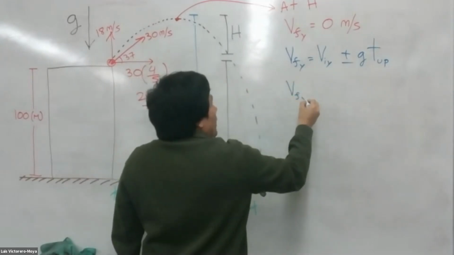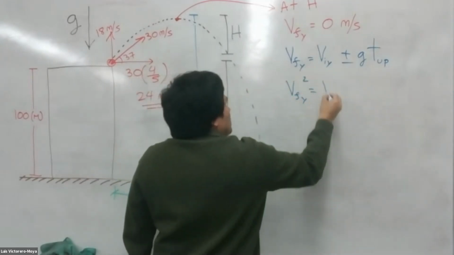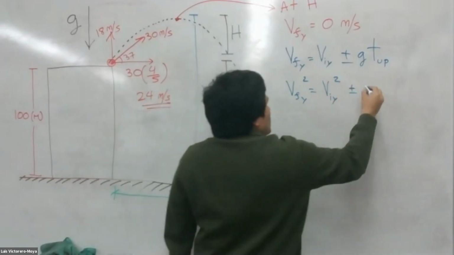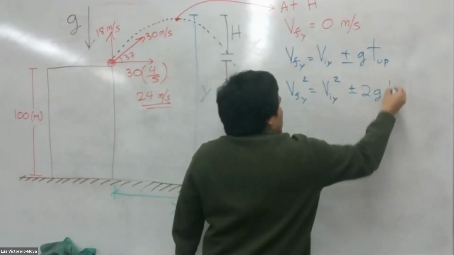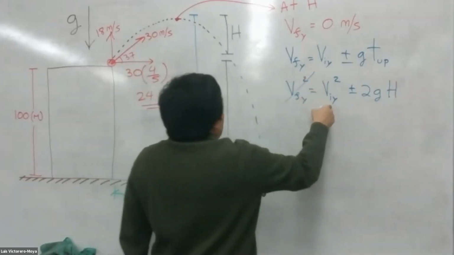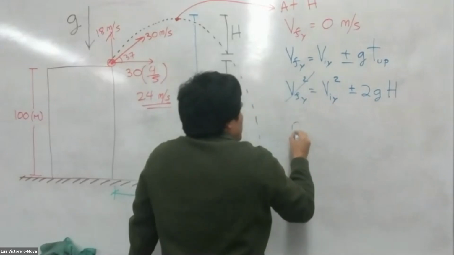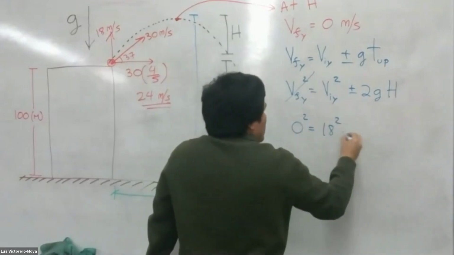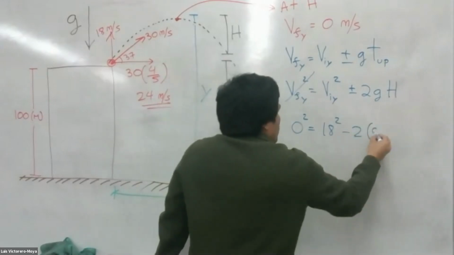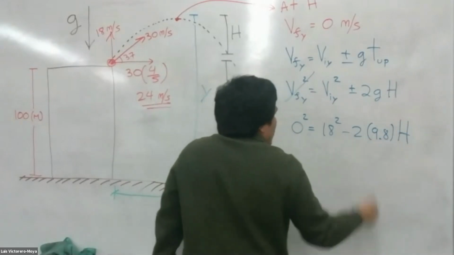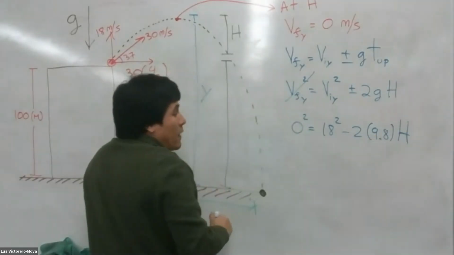V final on Y squared equals the initial on Y squared plus or minus 2 gravity H. The final on Y is 0. The initial on Y is 18. So 0 squared equals 18 squared minus, because gravity is going down, 2 times 9.8 times H max. That's how I find H max, by the way.